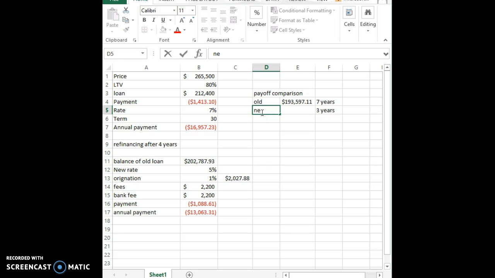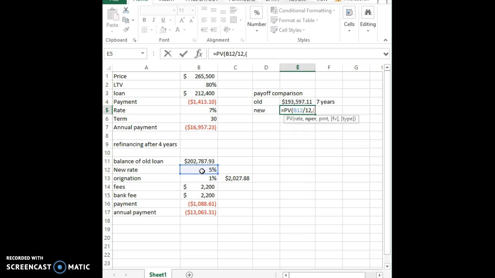And then for the 3 years, and this is the new loan, we're going to do the exact same thing. Equal PV, but for the new loan. So the rate is going to be 5% divided by 12, comma. These guys stayed in for 3 years before they decided they wanted to refinance.